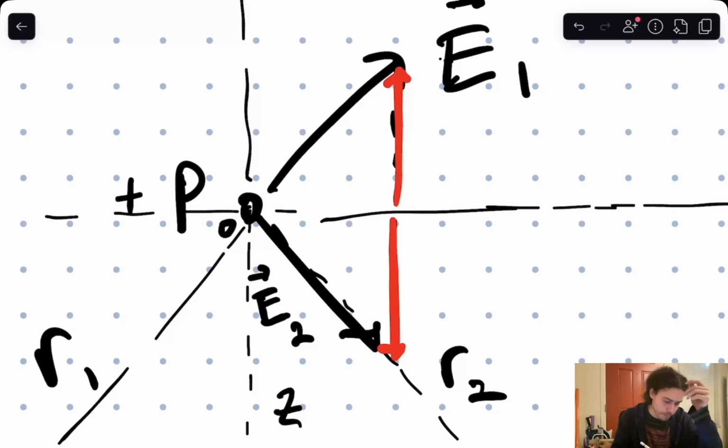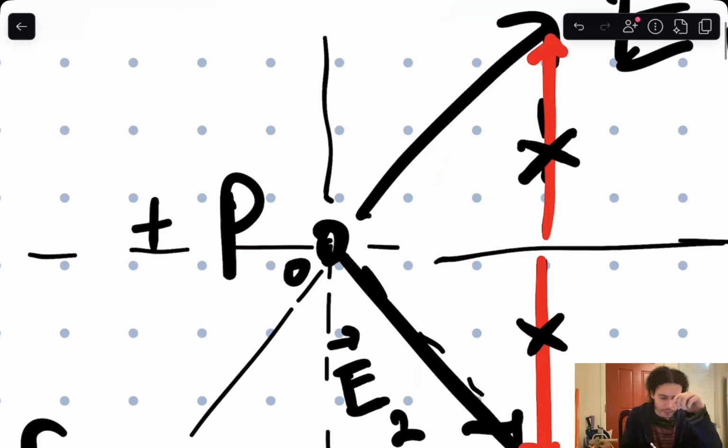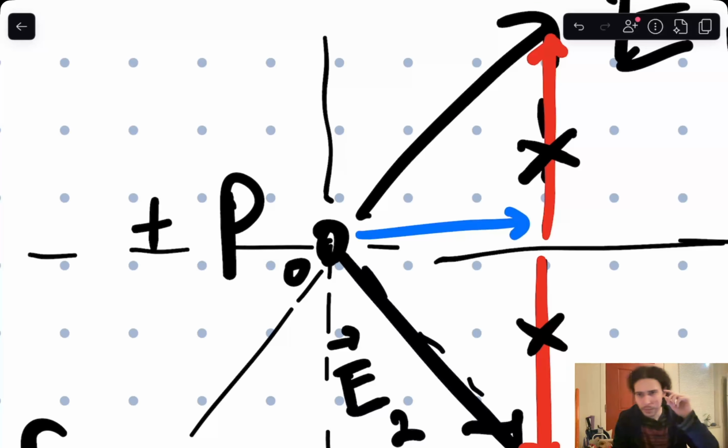Notice that I'm not going to give names to these. They are in opposite directions, so that's like saying +1 - 1. So it's equal to 0. They both cancel each other. So we're only left with the horizontal components.